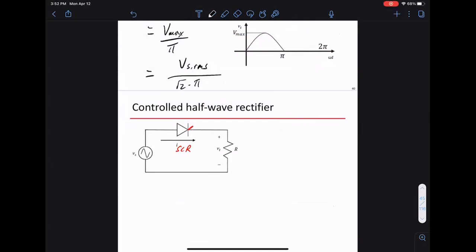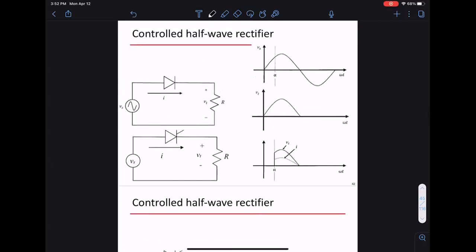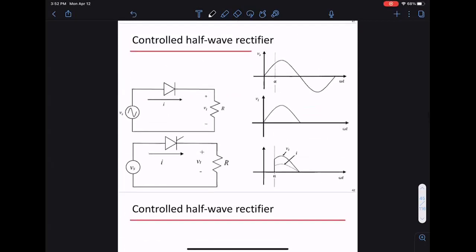So this is an SCR instead of a diode. A diode only turns on right at 0, when the voltage is positive. Here it turns on at an angle of alpha.